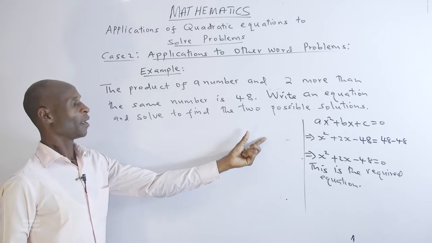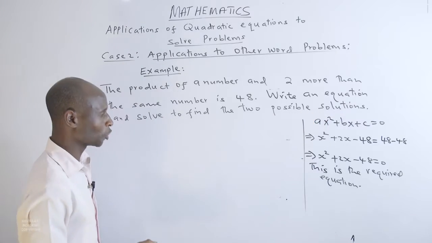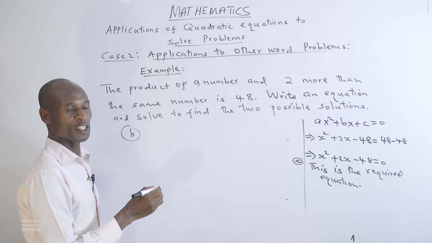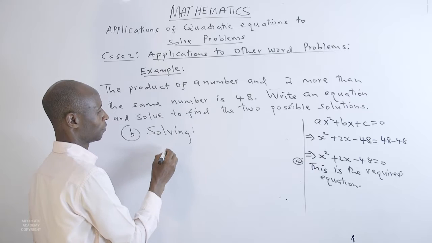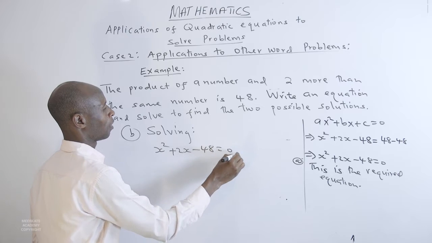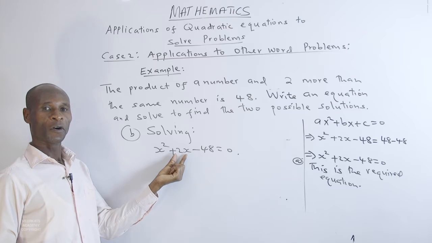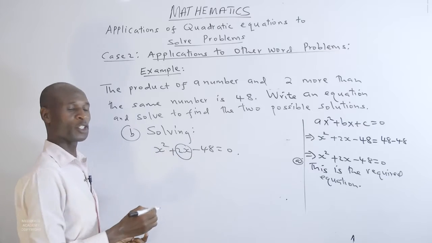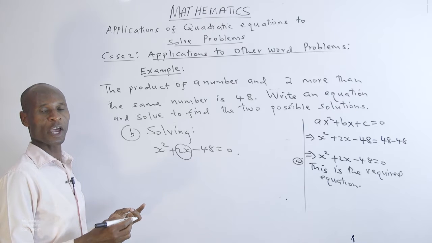That is part A. Then part B: solve to find the two possible solutions. To solve this quadratic equation, we need to first of all split the middle term, which is 2x, by choosing two factors using trial and error.